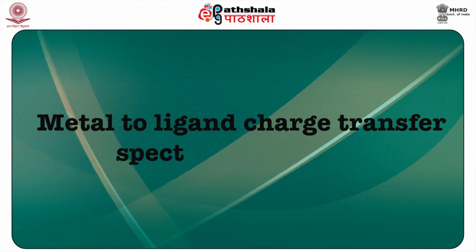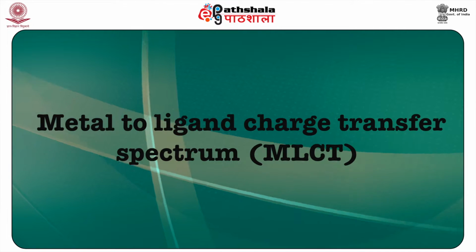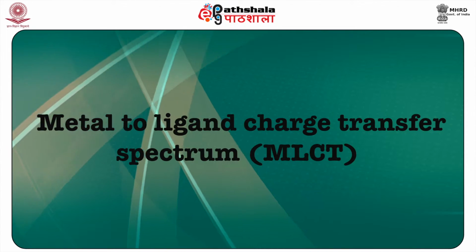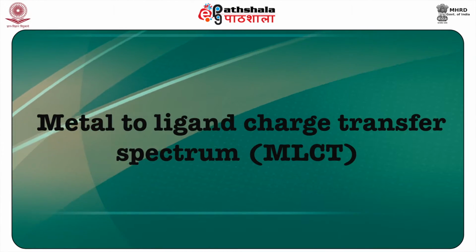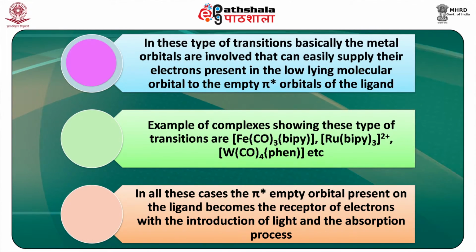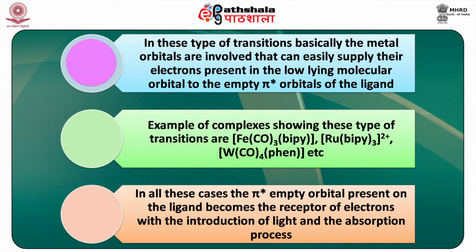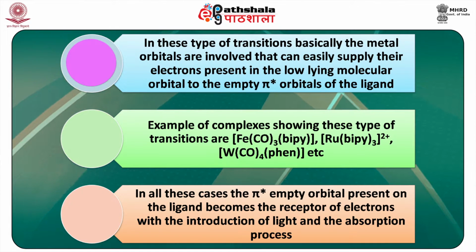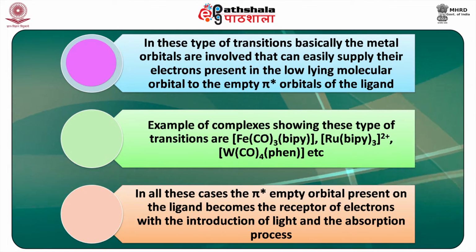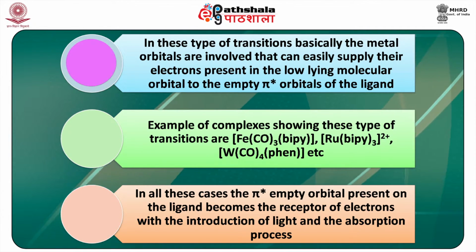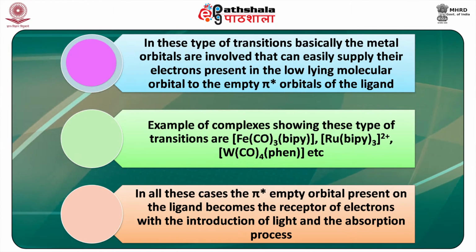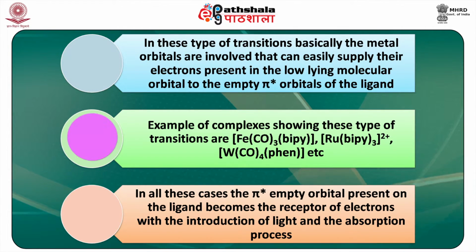Next, we are going to discuss the metal to ligand charge transfer spectrum, abbreviated as MLCT transitions. In these types of transitions, the metal orbitals are involved that can easily supply their electrons present in the low-lying molecular orbitals to the empty pi star orbitals of the ligand.